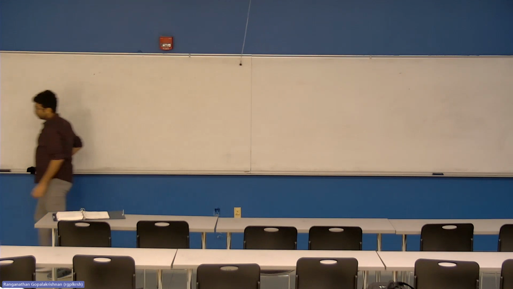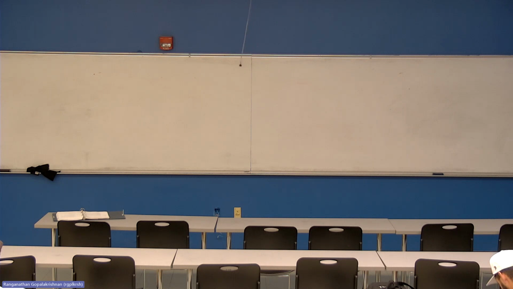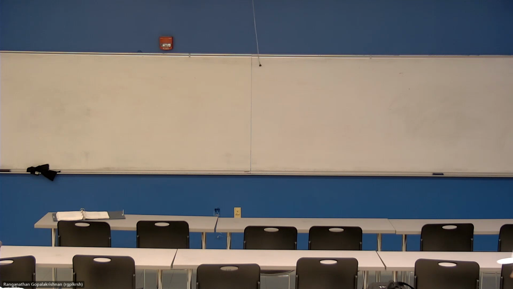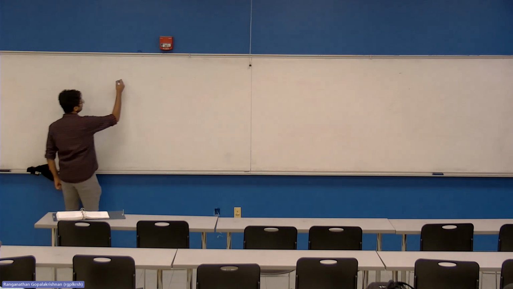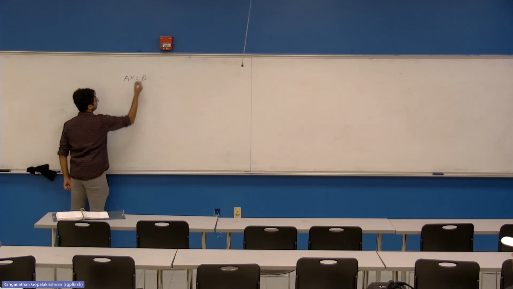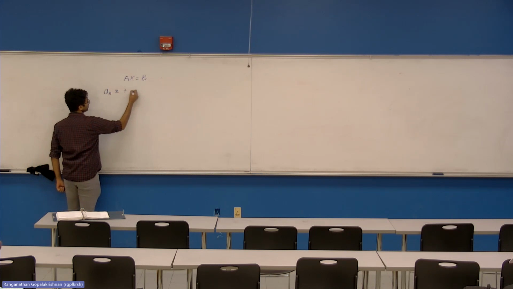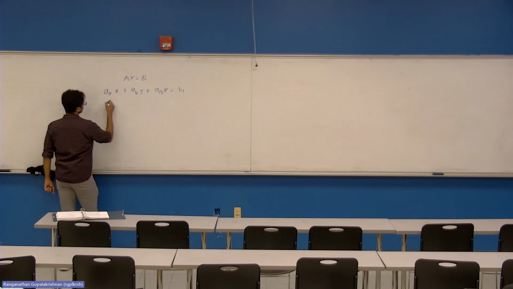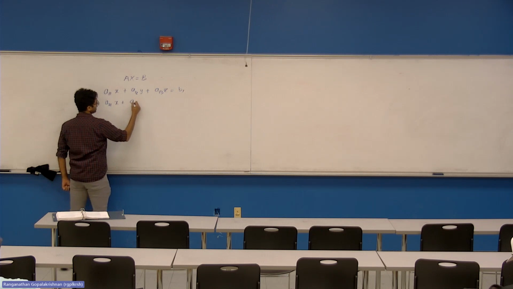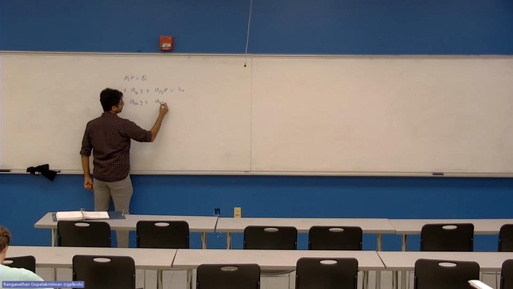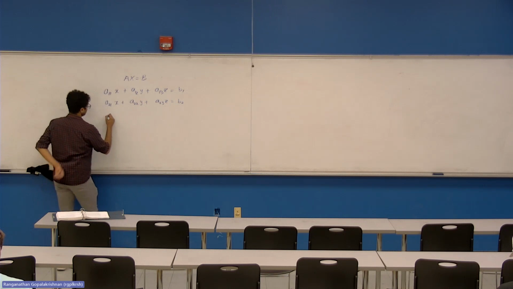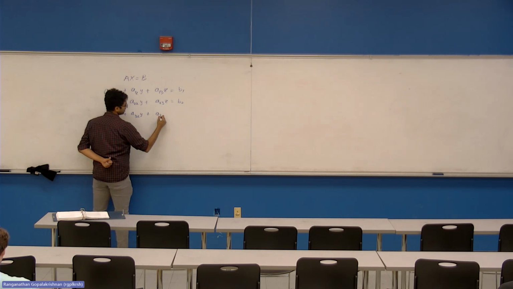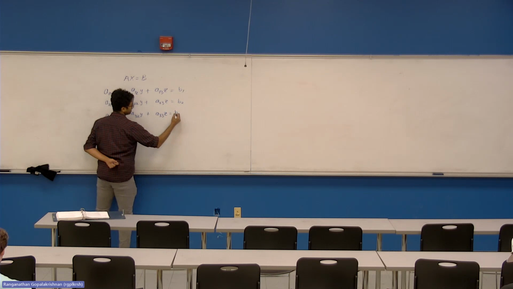All right. So what did we do last time? We looked at solutions to equations of the form Ax equal to b, or a11x plus a12y plus a13z equal to b1, a21x plus a22y plus a23z equals b2, a31x plus a32y plus a33z equal to b3.